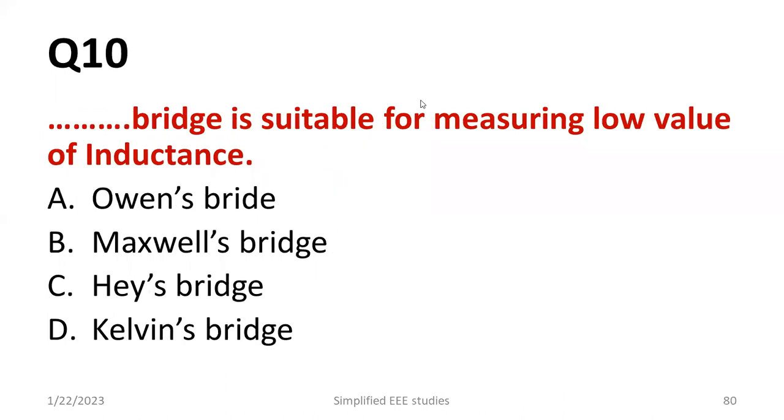Let us have a discussion on the last question. Dash bridge is used for measuring a low value of inductance. There is one code you can remember: OAMH. O stands for Owen's bridge.